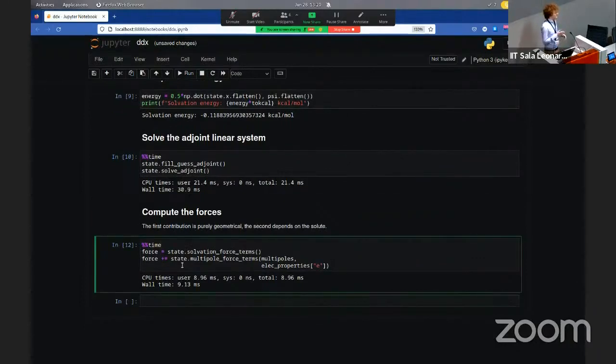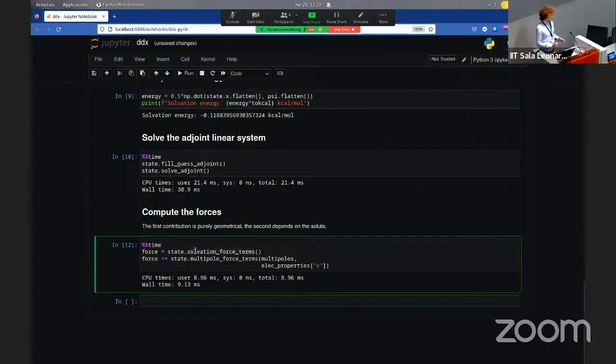Forces, I split them into two kinds of contributions. One is everything that does not depend on the specific nature of the solute, because we want to be agnostic with respect to the kind of solute that we have. Someone may be interested in quantum mechanical solutes or in high order multipoles or in point charges or something polarizable, I don't know.